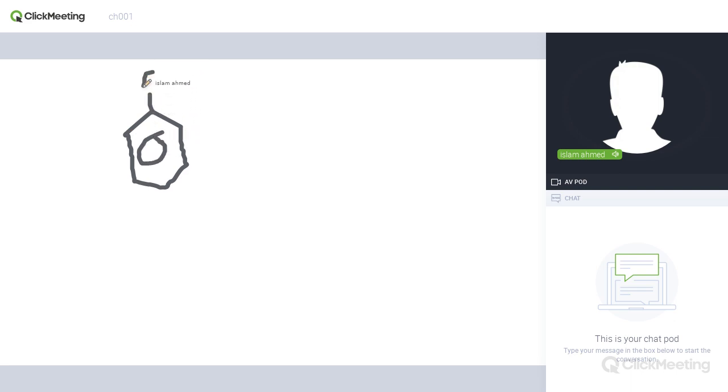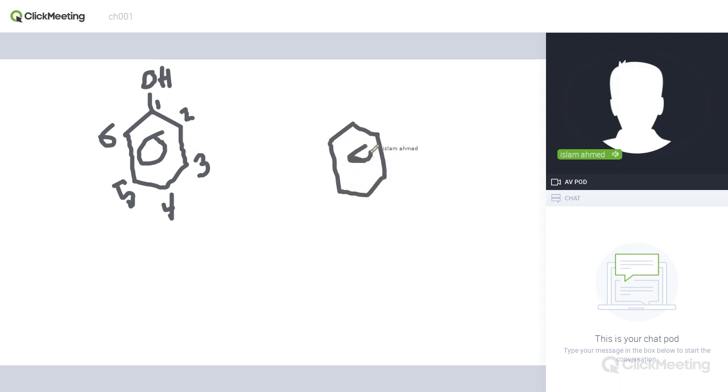For example, we will have the functional group here. We have 1, 2, 3, 4, 5, and 6. I will show you something before we do that one. Okay, so this is the name for the substitution. This is the functional group here.